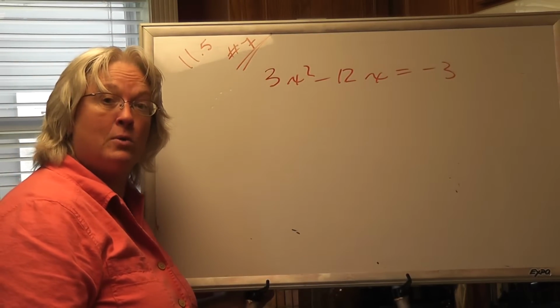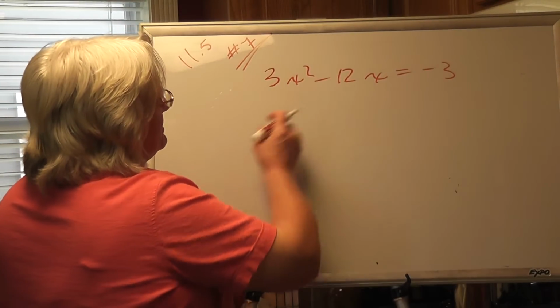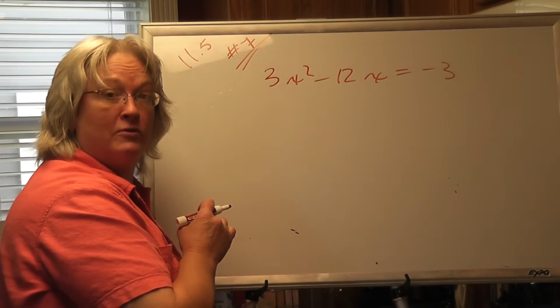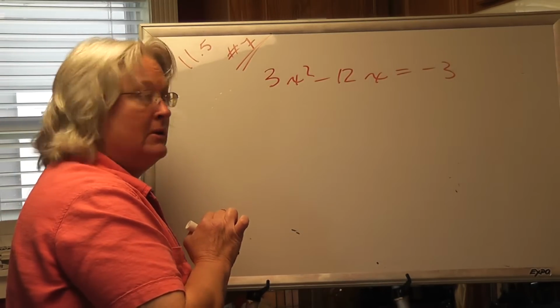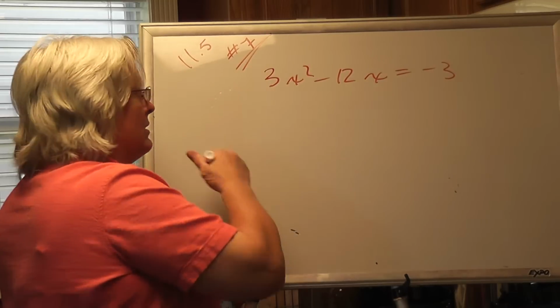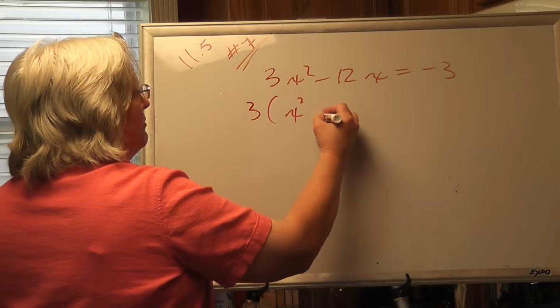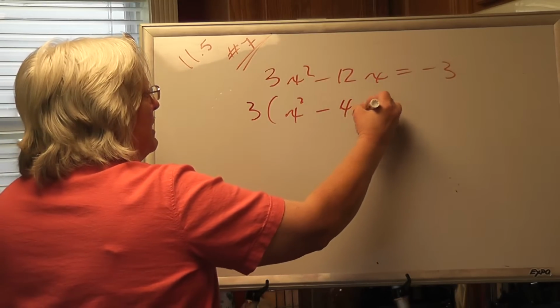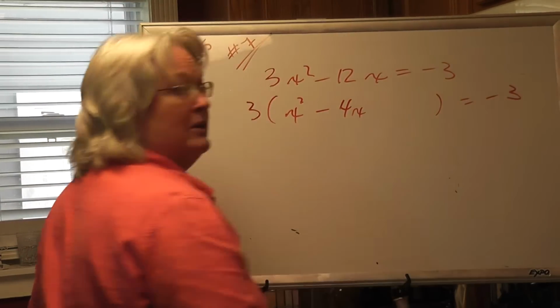We're solving this equation by completing the square. If we complete the square, the coefficient of our squared term has to be 1. Because it's not a 1, we're going to factor out the 3: 3 times (x squared minus 4x) is equal to negative 3.